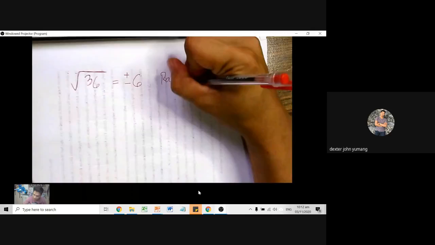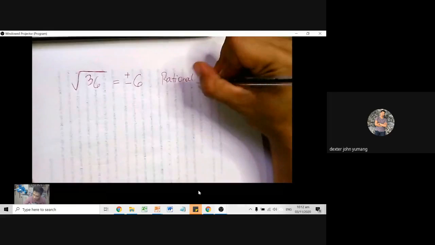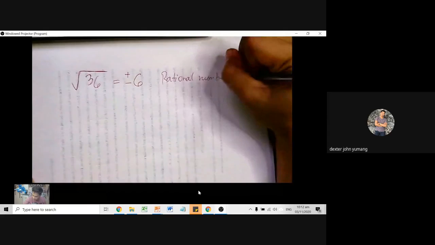Ang rational po, number na fraction, or kung hindi fraction, mayroon siyang invisible over 1. Sabi po ni Ayan, that is rational. Same with Angel and Carl. No, Carl is irrational. Matthew is irrational. So, tamang sagot po dito is rational number. This is an example of rational number.